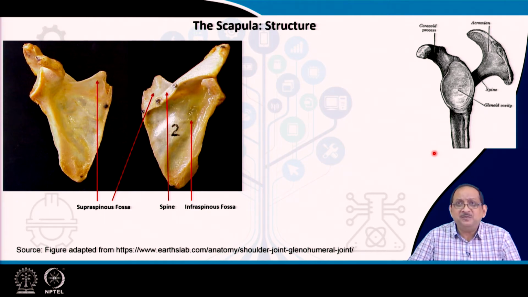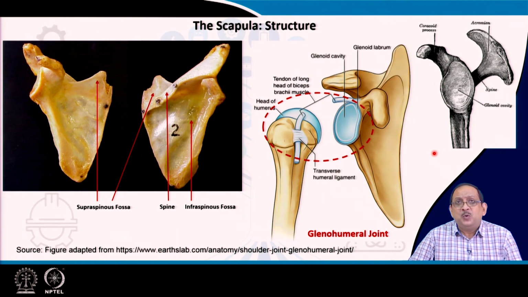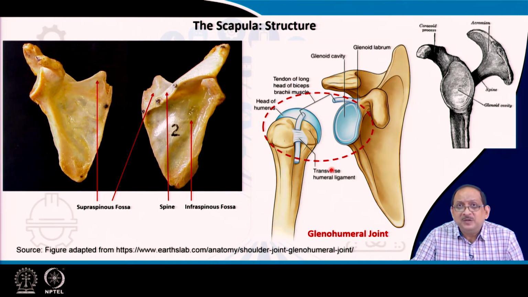It is a very, very mobile joint, and the mobility actually comes primarily from the glenohumeral joint, which is formed due to the articulation of the humeral head with the glenoid cavity.